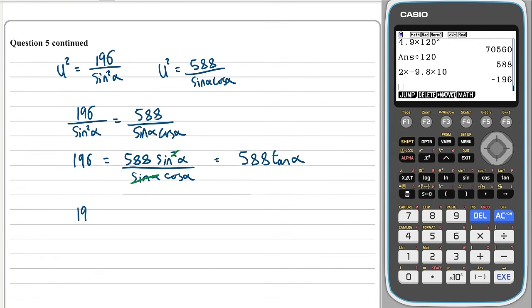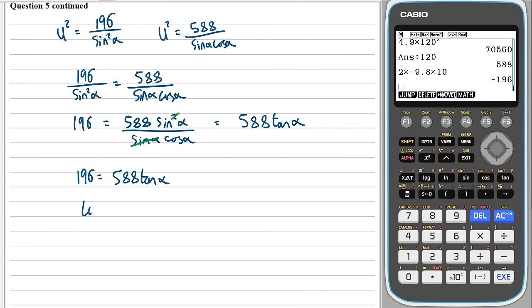So we have 196 is equal to 588 tan alpha, which means that tan alpha is equal to 196 divided by 588, which is 1/3.